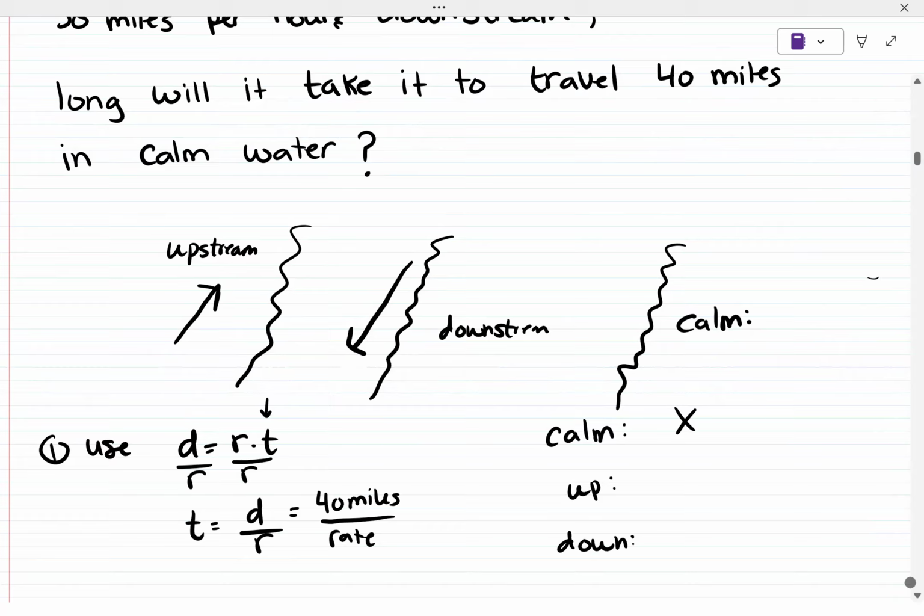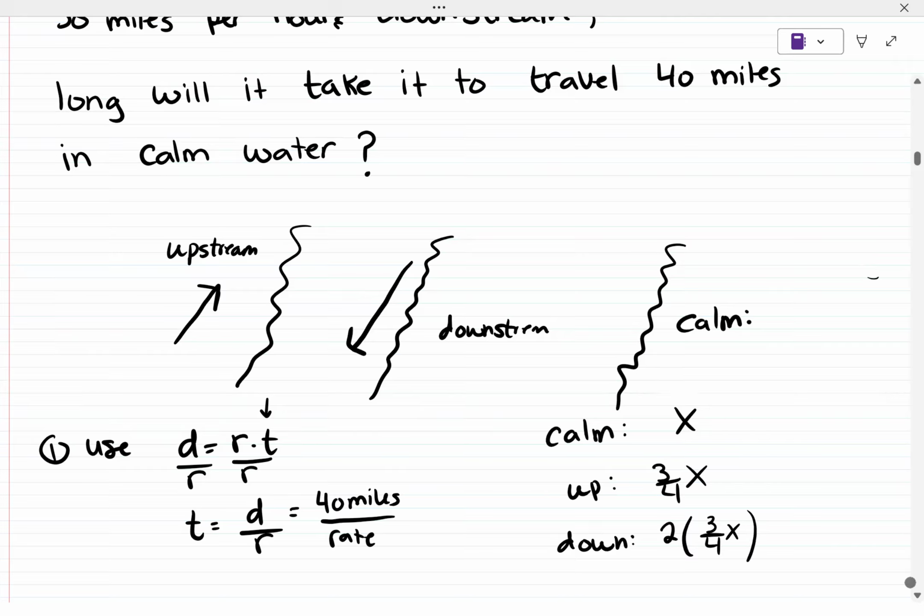For up, it specifically said a steamboat can go twice as fast downstream as it can go upstream and three-fourths as fast upstream as it could go in calm water. So what that means is upstream is going to be three-fourths of the calm water. We don't know what the calm water is, so we'll call it X. And then downstream, you're going twice as fast as upstream. So it's 2 times 3/4 X.